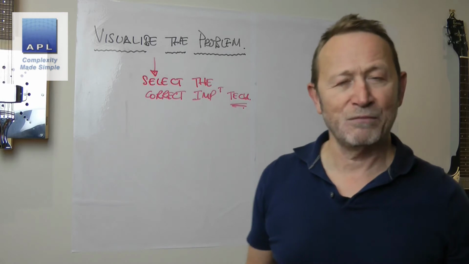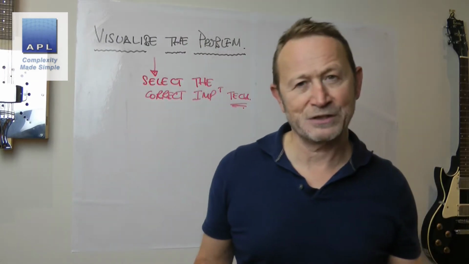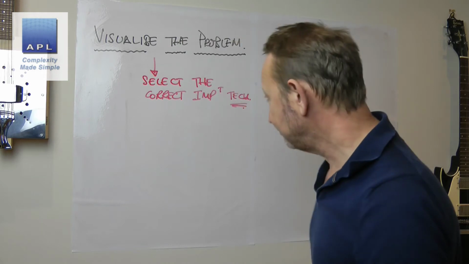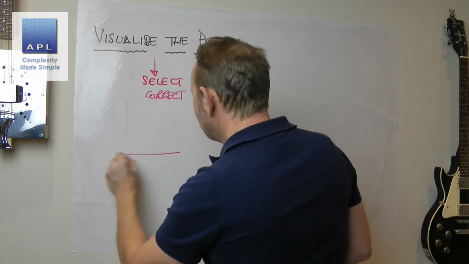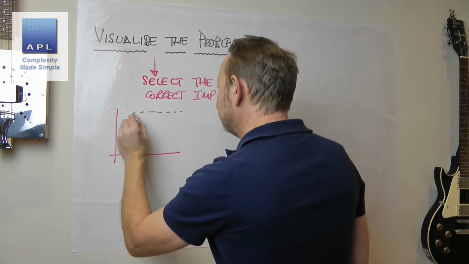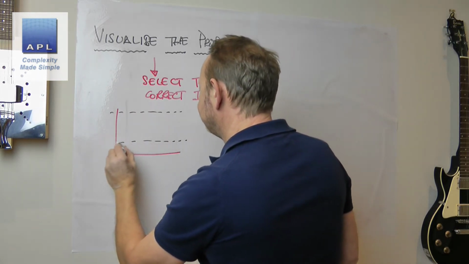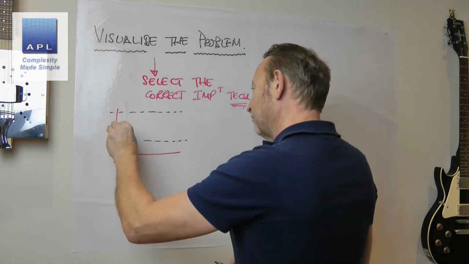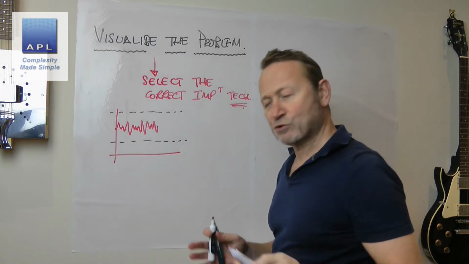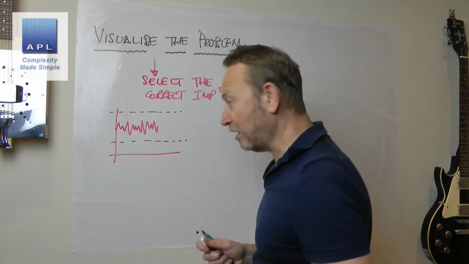Effectively, technical problems, dimensional problems in particular, performance problems, etc. They manifest themselves in 2 different ways. The problem could look like this. Here's your tolerance. Your process was working perfectly fine. Everything was good, relatively defect free or low defects.